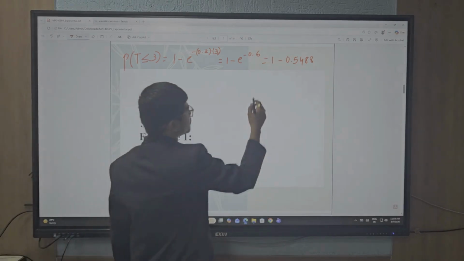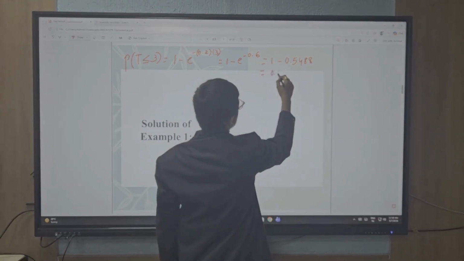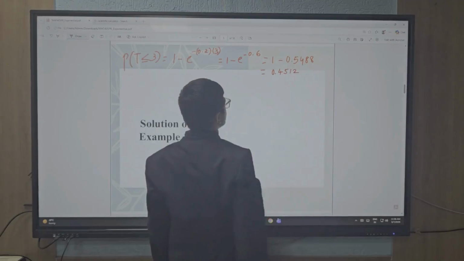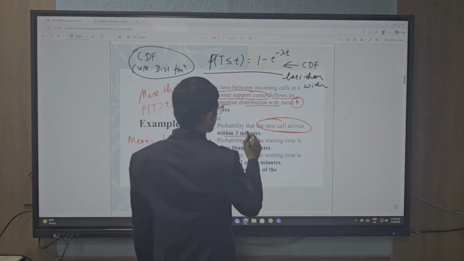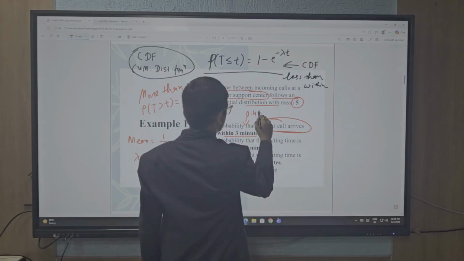When you subtract this from 1, you get 0.4512. So this is the probability for within 3 minutes.